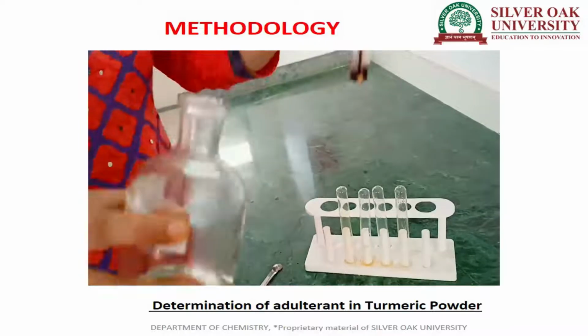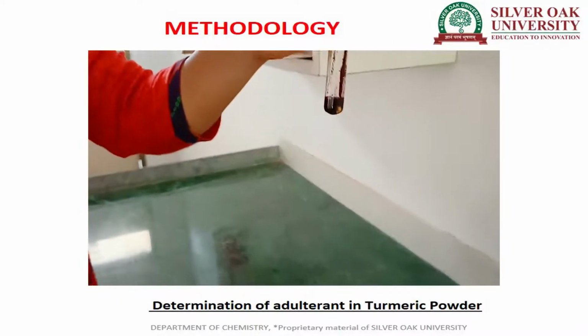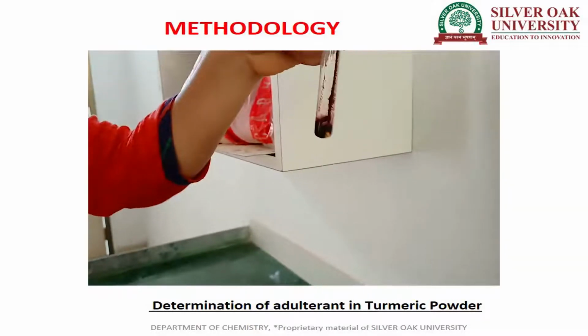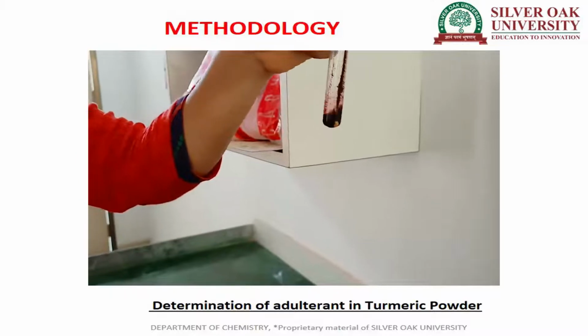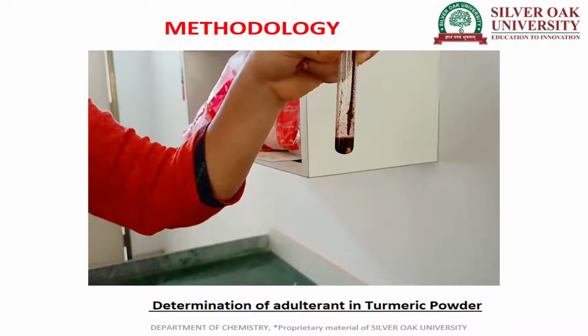As you can see, on addition of hydrochloric acid, there is a magenta color, which indicates the presence of yellow oxide salt in the first sample.